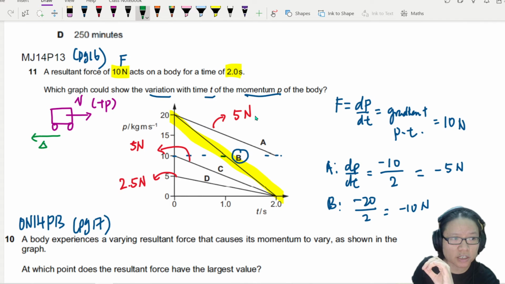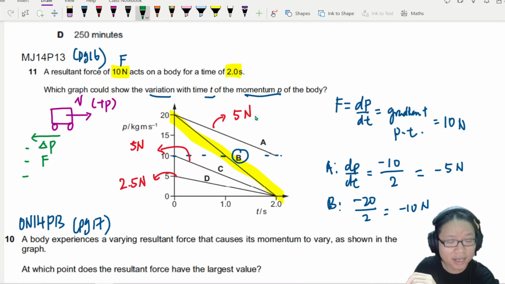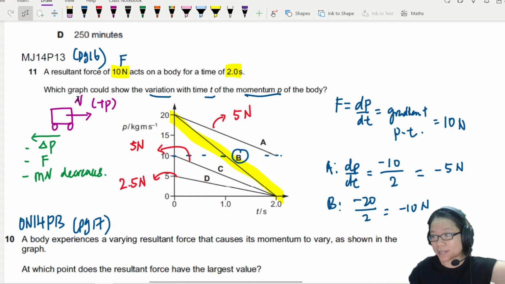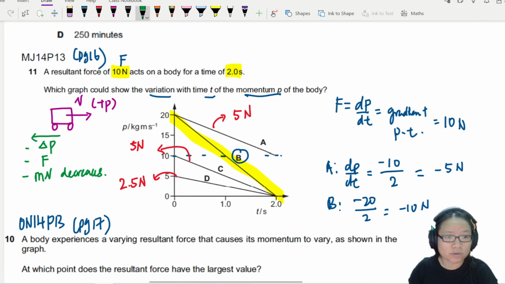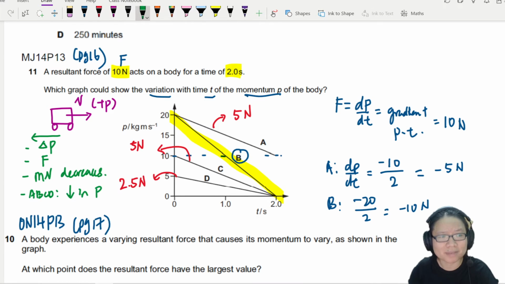So this is the change in momentum or the impulse, because force is also in this direction. That's why the momentum mv decreases. That's why A, B, C, D all show a decrease in momentum.